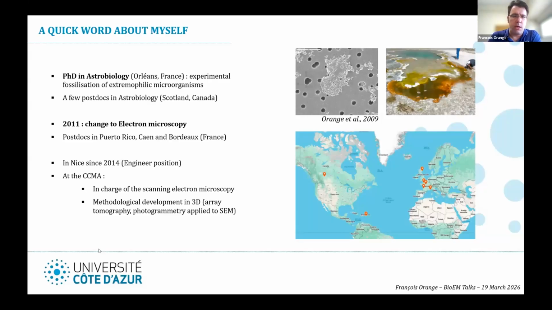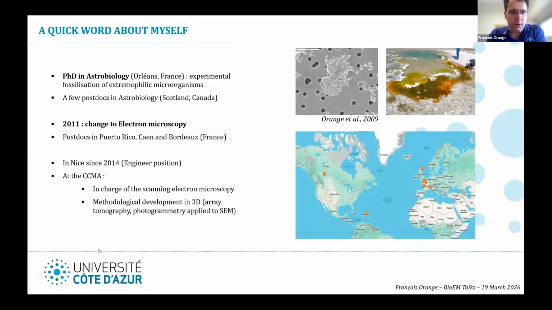After a few postdocs in astrobiology, I switched in 2011 to electron microscopy. Then, after another few postdocs in Puerto Rico and in France, I got a position as an engineer in Nice, where I've been working since 2014.